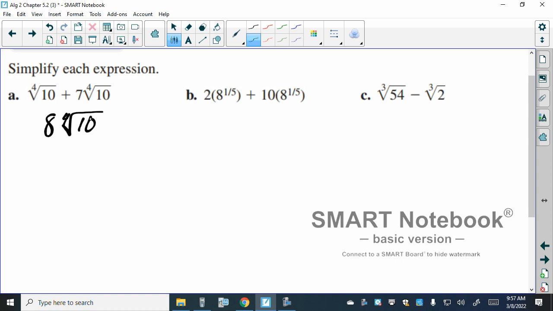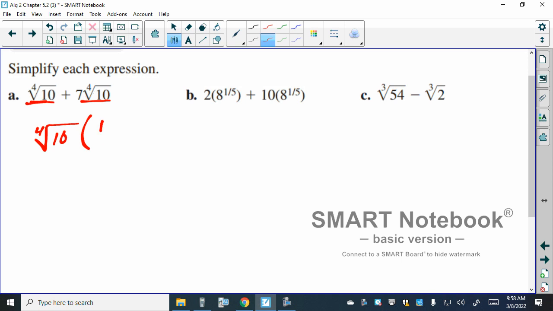And that's it. Another way that we can work this through is that when I look at both of these, they have a greatest common factor of the fourth root of 10, because it is in common in both. And what we could do is factor it out and say fourth root of 10, parentheses.